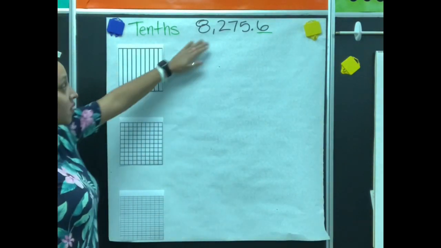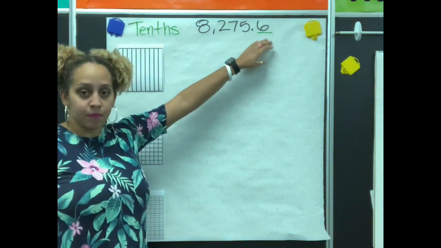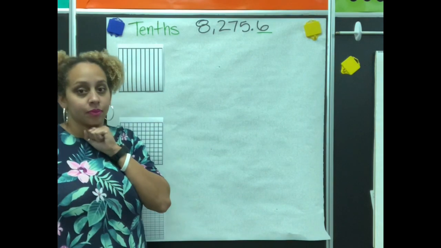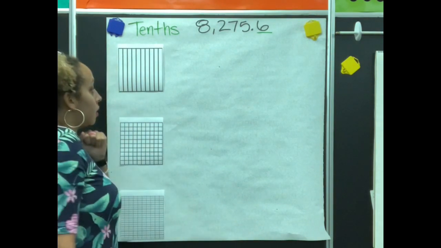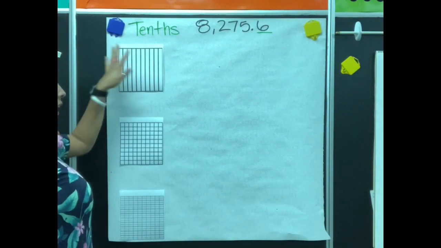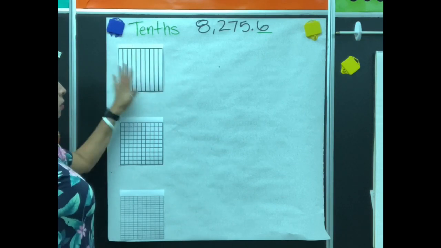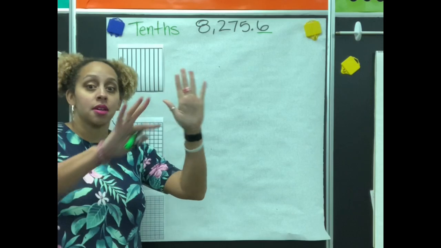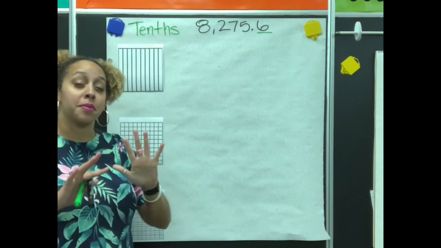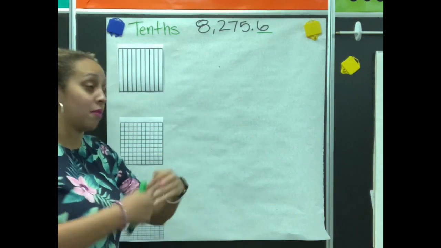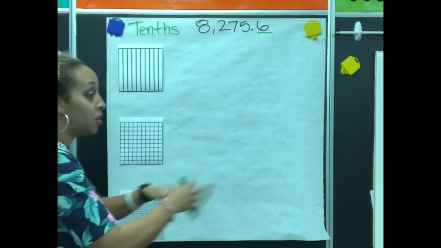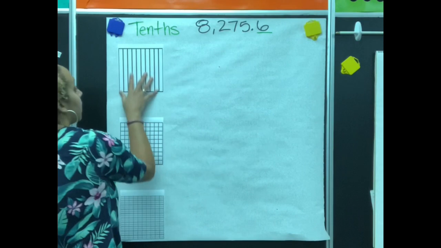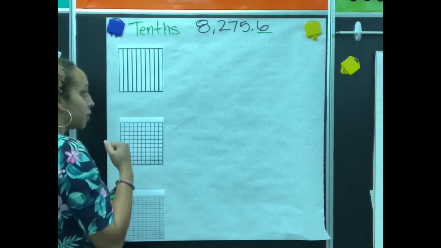So if we have 6 tenths, what would that look like? It would look like us taking a whole and splitting it up how many times? 10, because we're in base 10, and every time we move to and from place value, it's worth 10. So it would mean us taking a whole and splitting it up 10 times, and that's what we did.